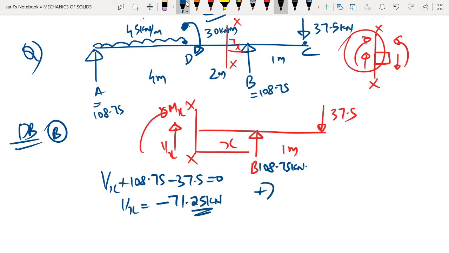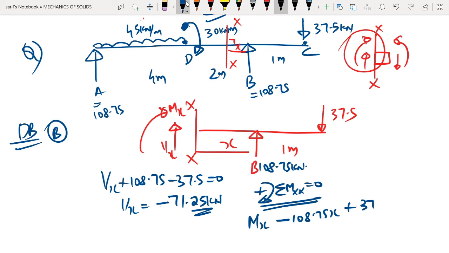Similarly, to find Mx, we will consider a moment about the section xx equal to 0. So if we do that, we will get Mx minus 108.75 into x plus 37.5 into x plus 1 equal to 0.